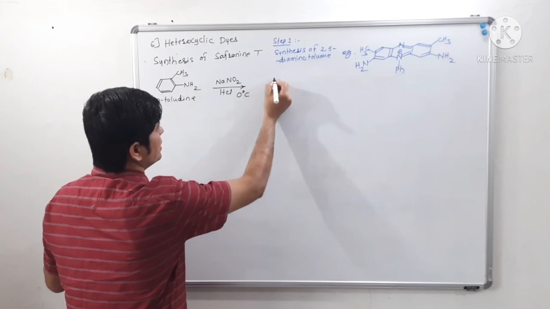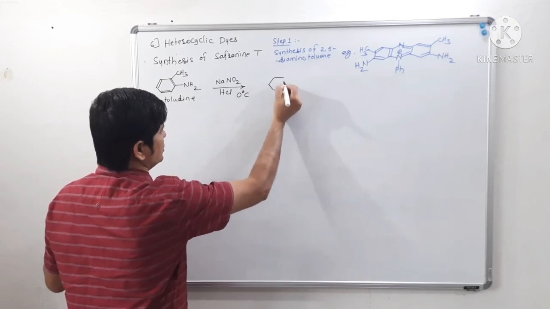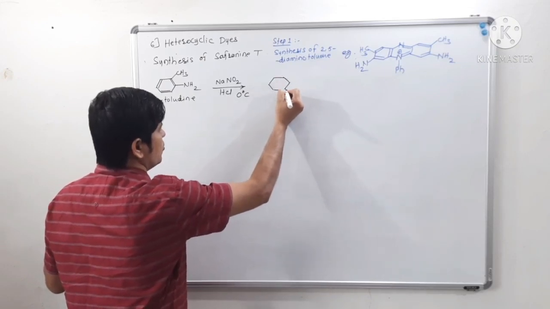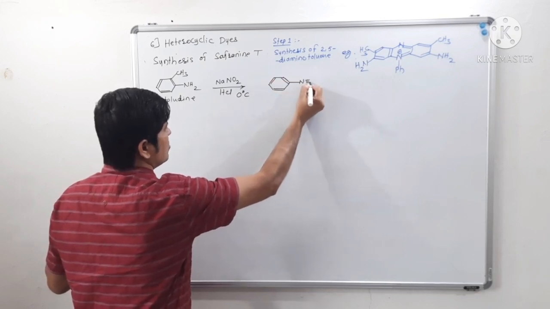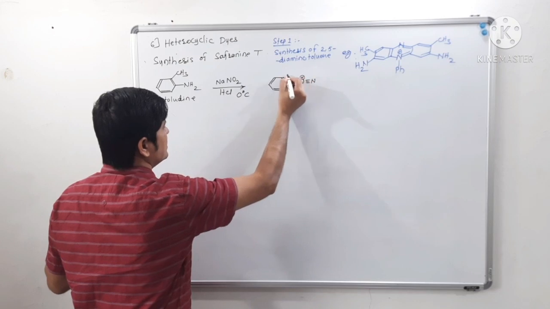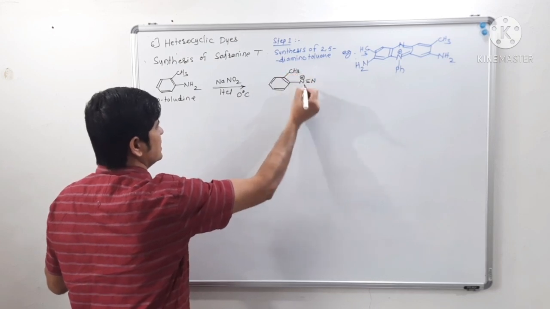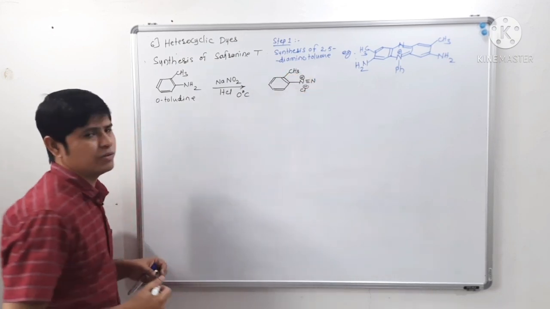So there will be diazotization. Diazotization will take place, so we will have N triple bond N Cl. This diazonium salt will form.